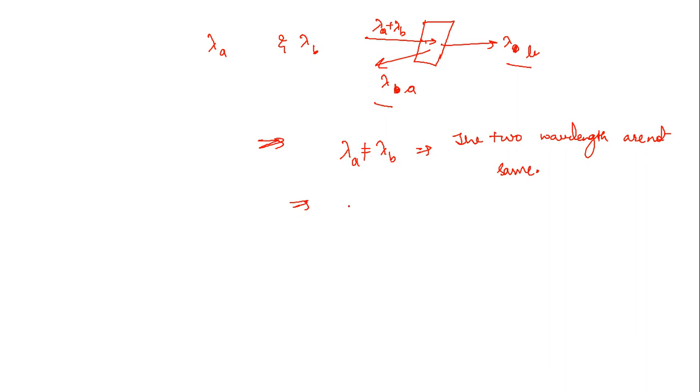The second thing is, since lambda B is able to pass, lambda B is shorter than lambda A. Therefore, wavelength A is longer than wavelength B. Got it? So this is the thing.